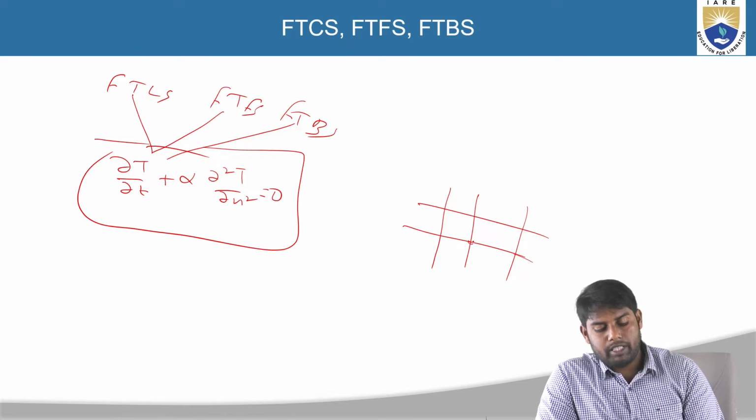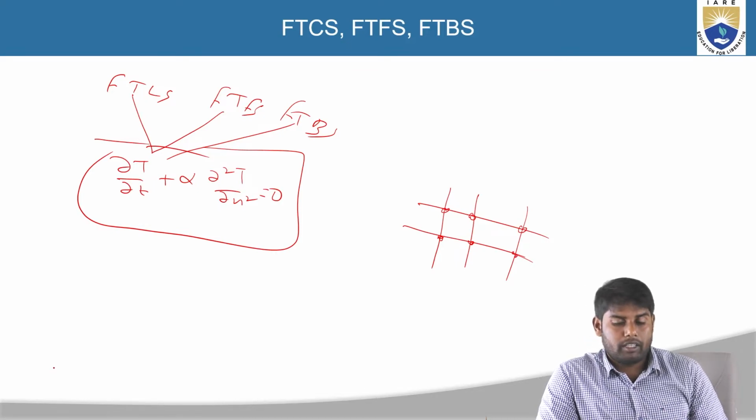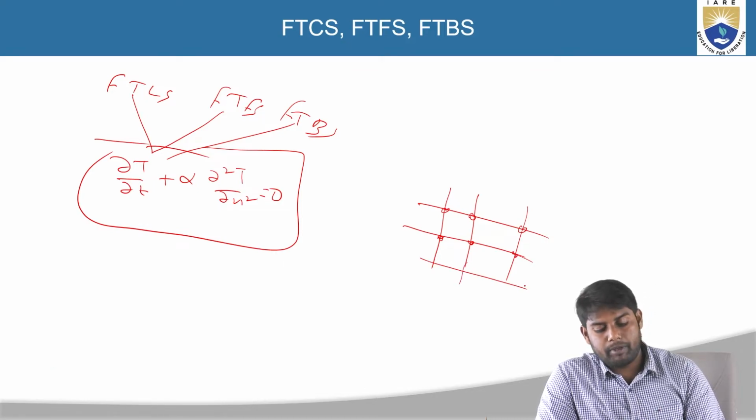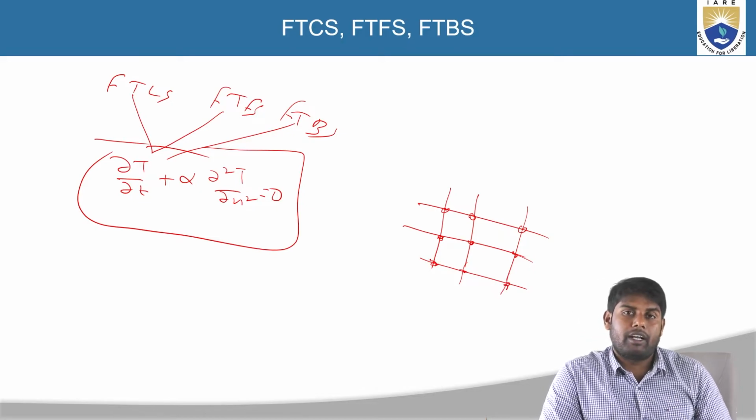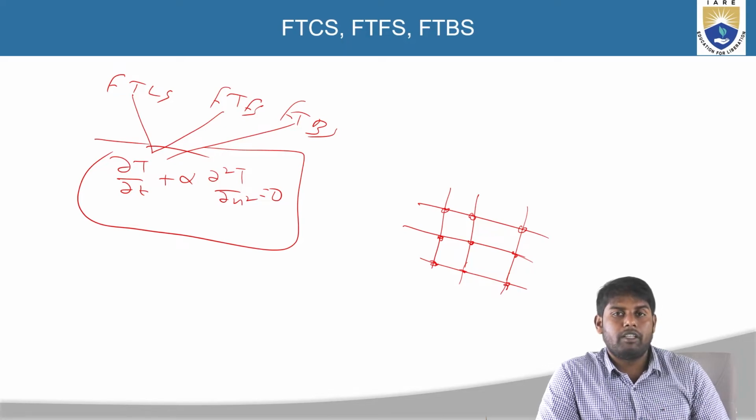So we'll be doing the discretization at the particular grid point. Once we do the discretization at the particular grid point, we'll be getting the algebraic equations. We collect those and invert the matrix.